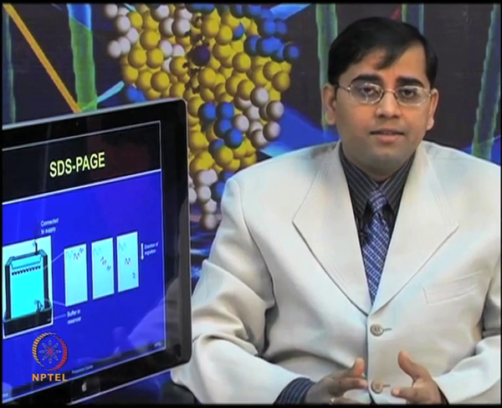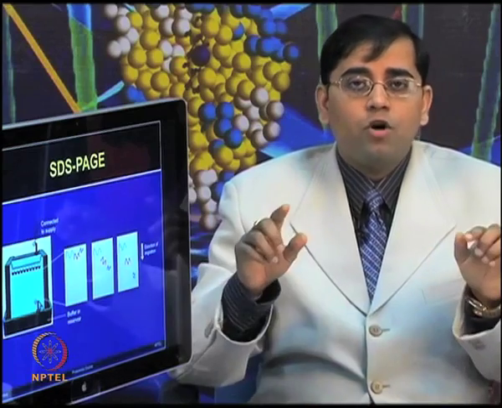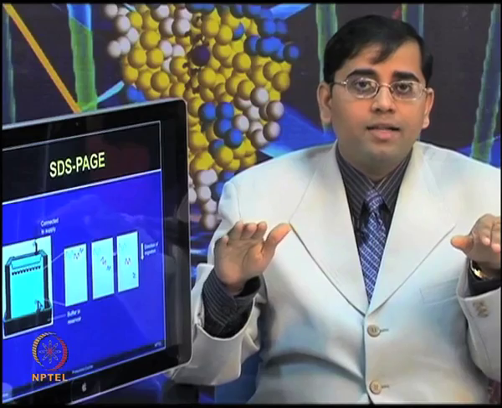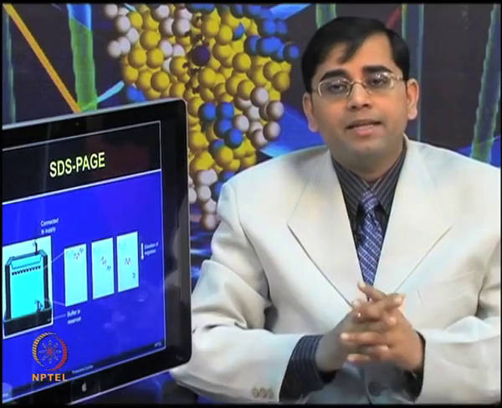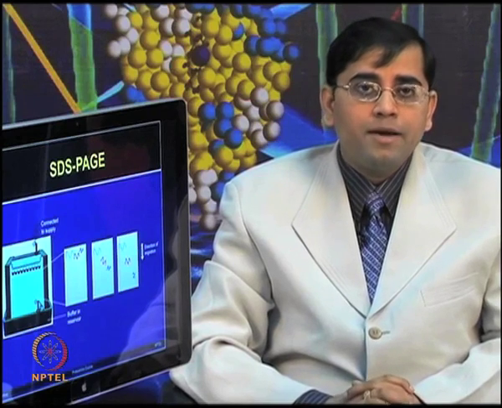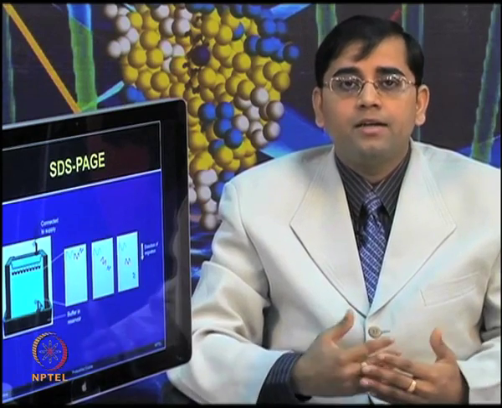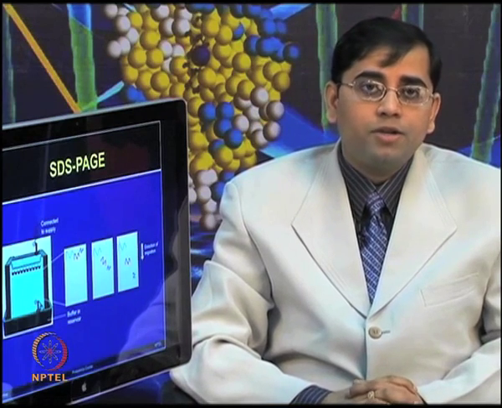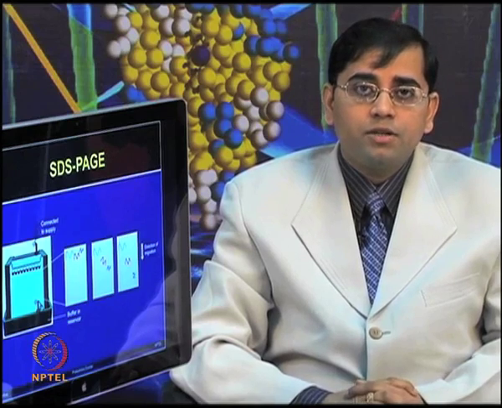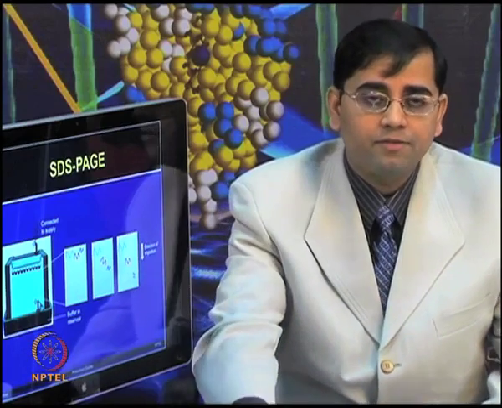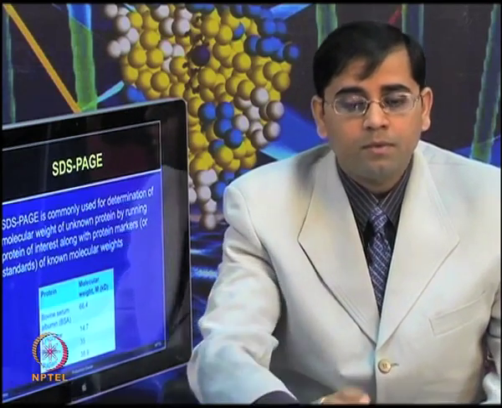So, in this case, you need to make a flat well, so that your IPG strip can be placed on top of the SDS-PAGE gel. Again, to remind you, here you are only making the resolving gel for better resolution and separation of the protein. The stacking part is not done for the 2DE, which has already been done during the first process of IEF.